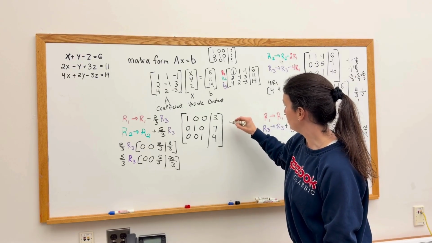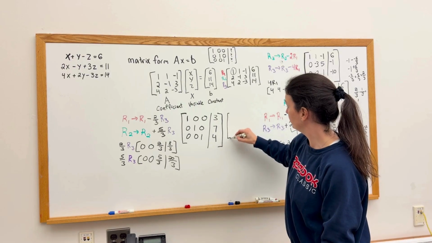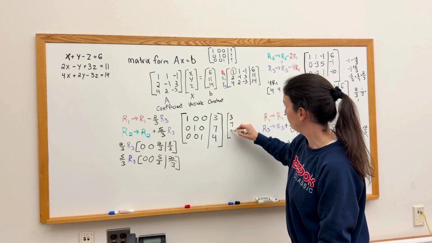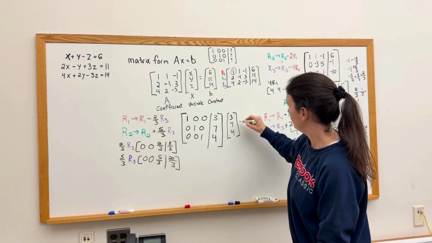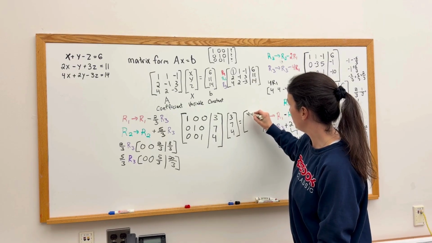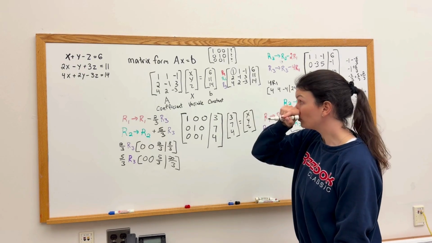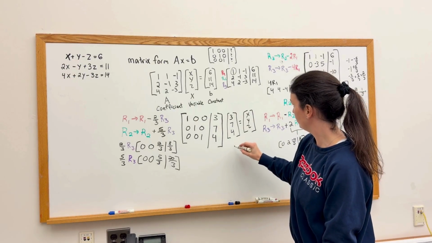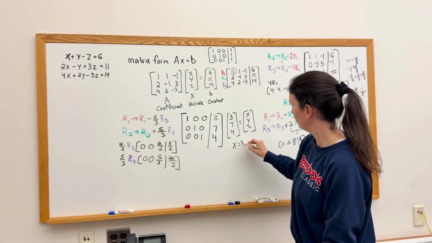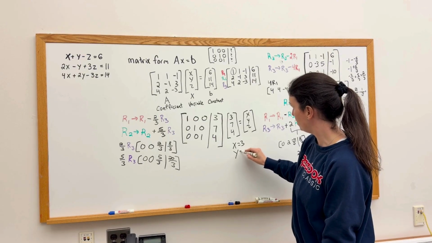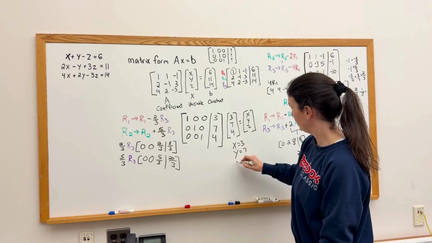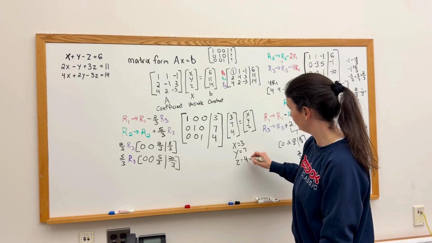So our solution is 3, 7, 4 equal to x, y, z. So x is equal to 3, y is equal to 7, z is equal to 4.